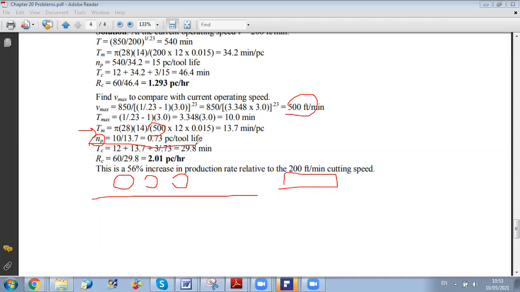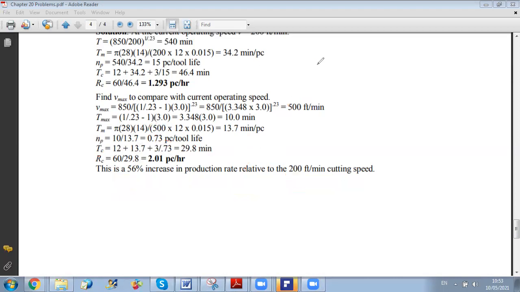And once we get this, for the total time, we just add the handling time, the machining time, and the tool change time per piece, which is T over the number of pieces produced per tool life.